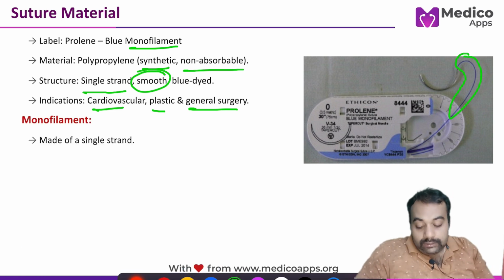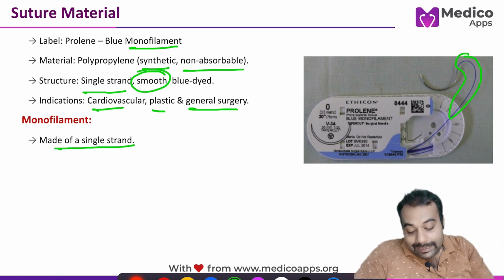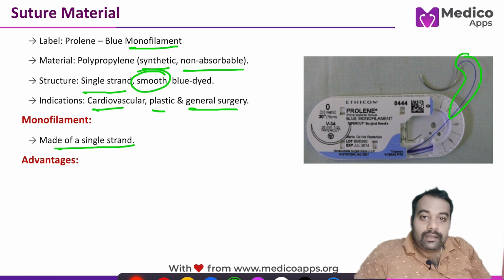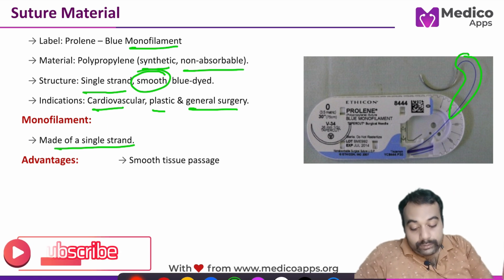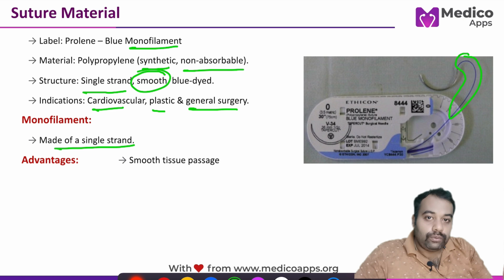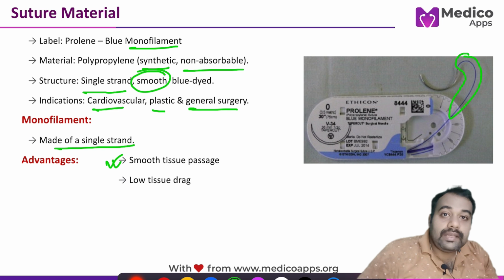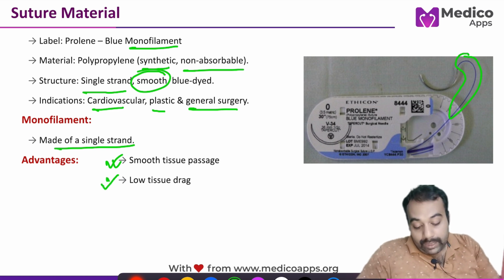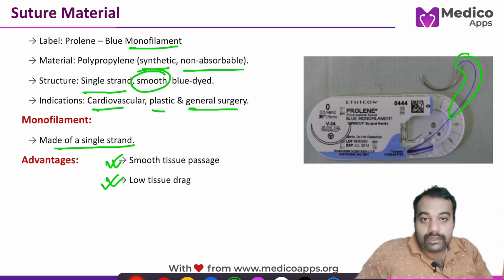Regarding the monofilament, I have already mentioned it is made up of a single strand, one filament. The advantage is that it is smooth in nature, so it passes smoothly through the tissue while applying the suture. That is the first advantage. The next advantage is low tissue drag, so it drags less tissue with it.